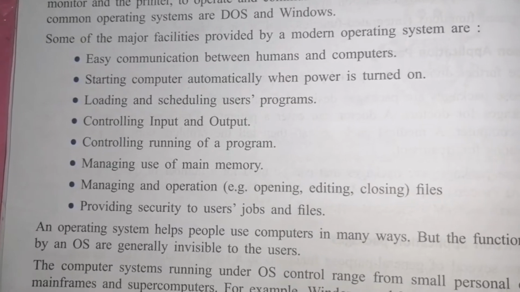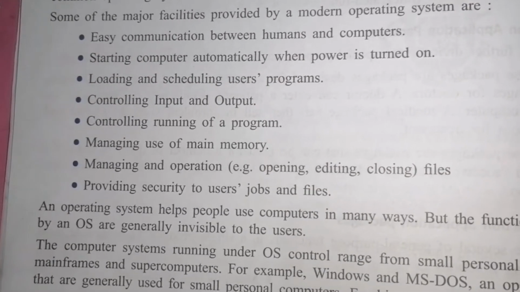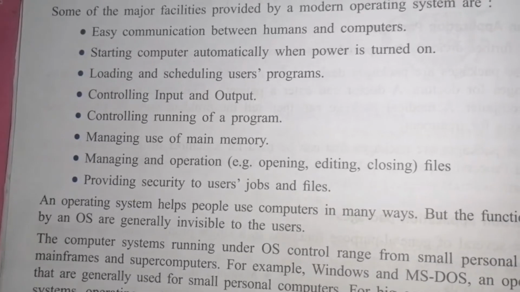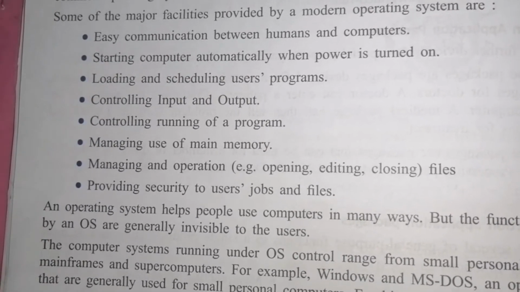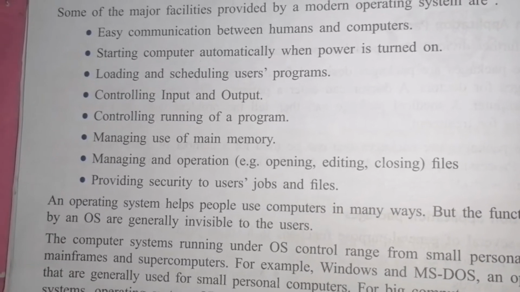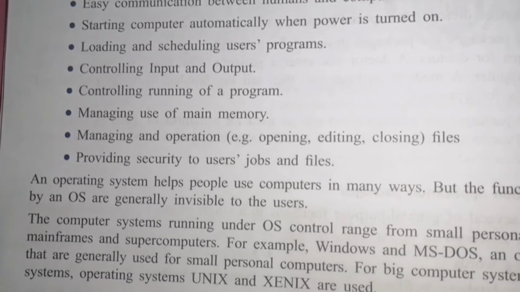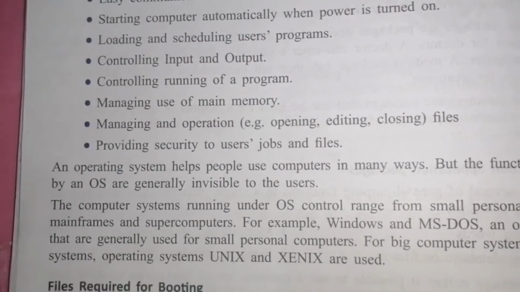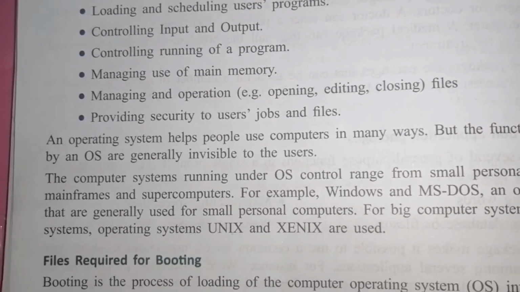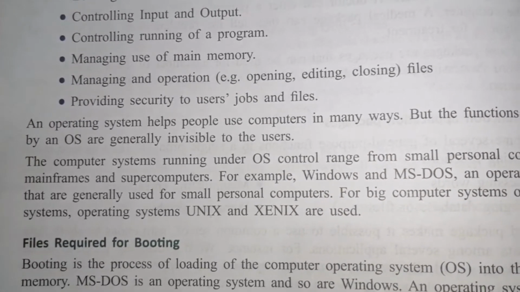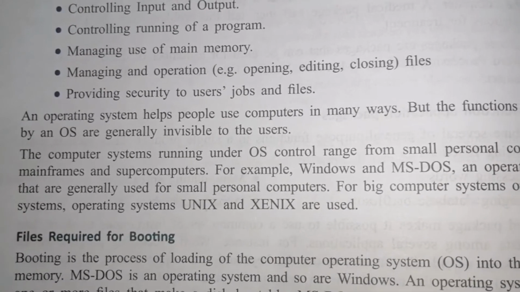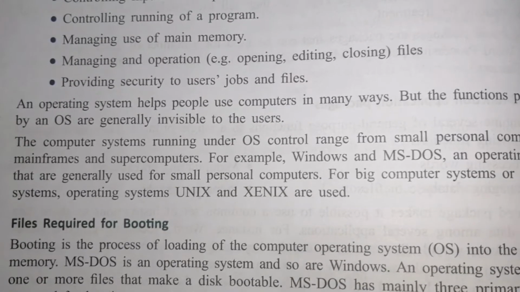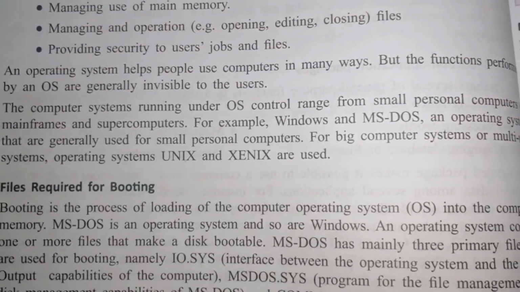Some of the major facilities provided by a modern operating system are easy communication between humans and computers, starting computers automatically when power is turned on, loading and scheduling users' programs, controlling input and output, controlling running of a program, managing use of main memory, managing file operations, e.g. opening, editing, closing files, providing security to users' jobs and files.